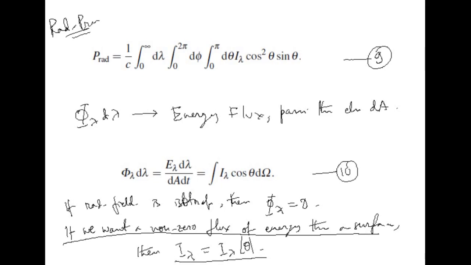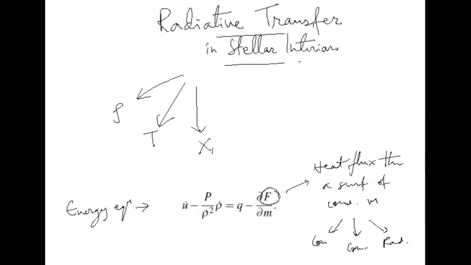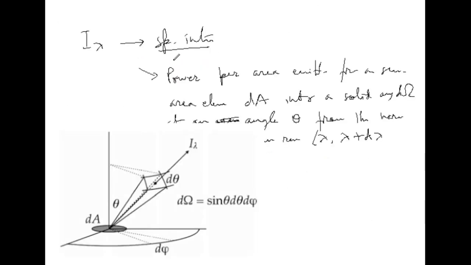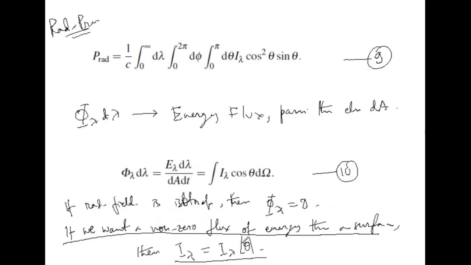Fine. Now the next topic: we have started discussing the specific intensity, mean intensity, then energy carried by the radiation, and then we discussed non-zero flux of energy through a surface.